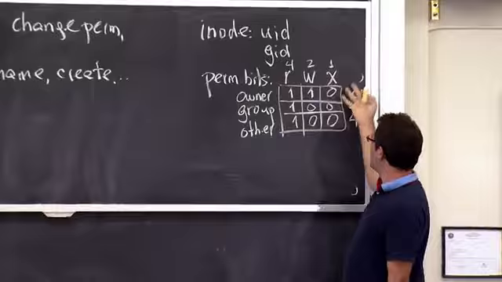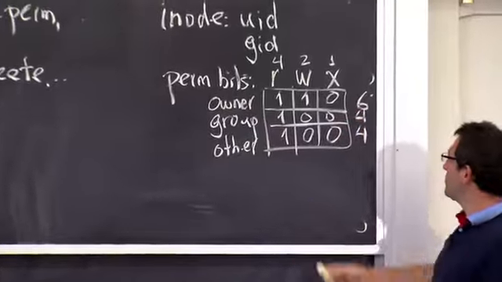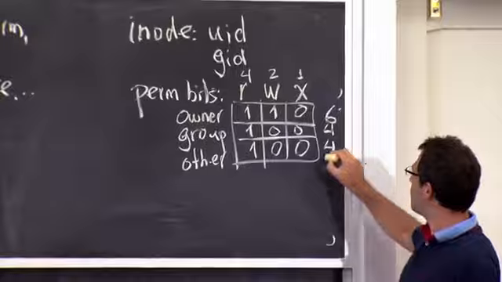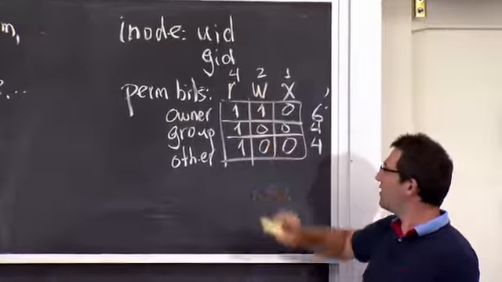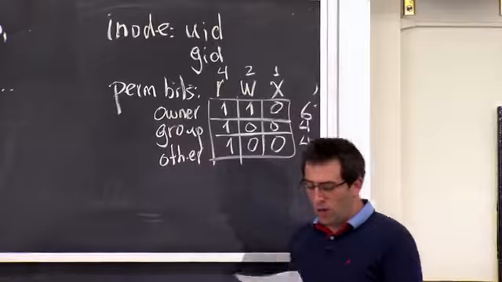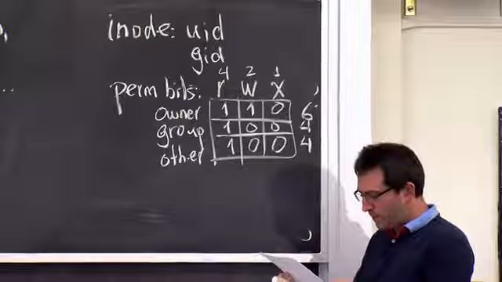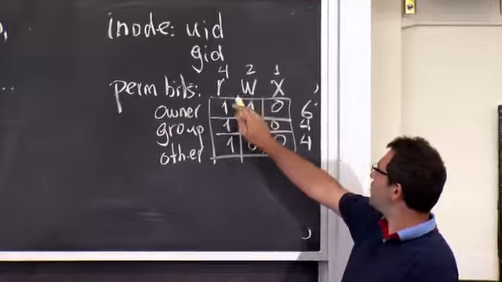You'll often see this notation, even in this paper, that this file has permission 644, meaning the owner can read and write this file, the group owner can read it, and everyone else can also read it. Does this make sense?